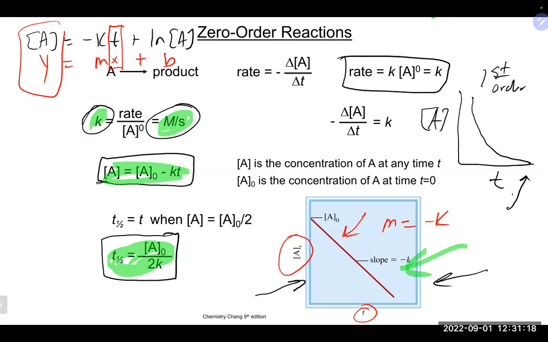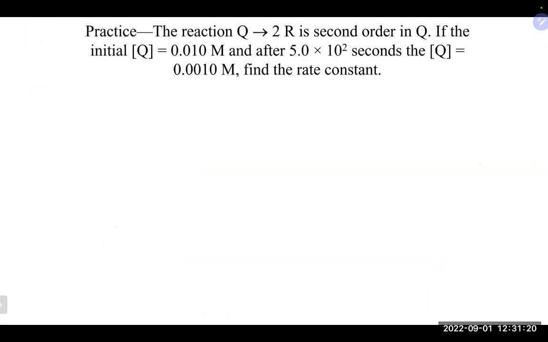Okay, so coming to our problem here, it is second order. So clearly we want to make sure we use our second order formula: 1 over A is equal to 1 over A naught plus kt.